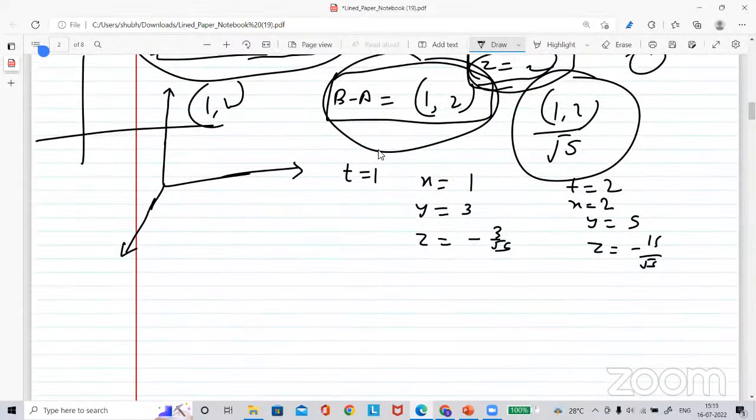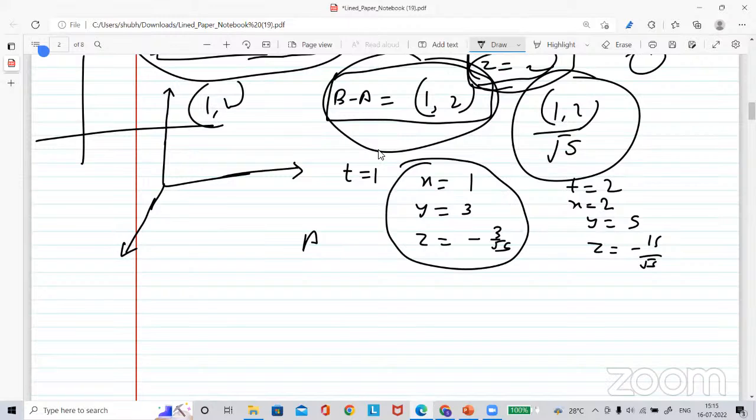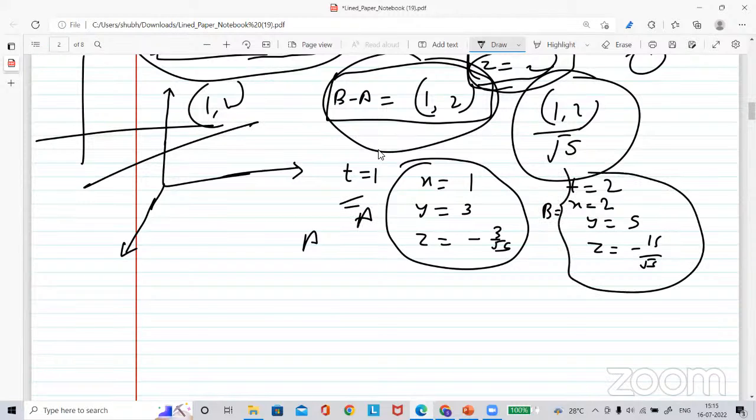Okay, so this we have. Now this is one point in R3. Substituting t equal to 1 means you are getting a point for this line. So this will give a point, this will give another point.